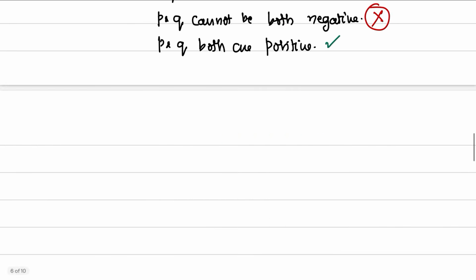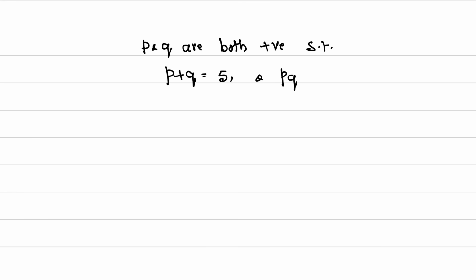Now, what are the conditions we have got? P and Q are both positive such that P plus Q is equal to 5 and P into Q is equal to 6.